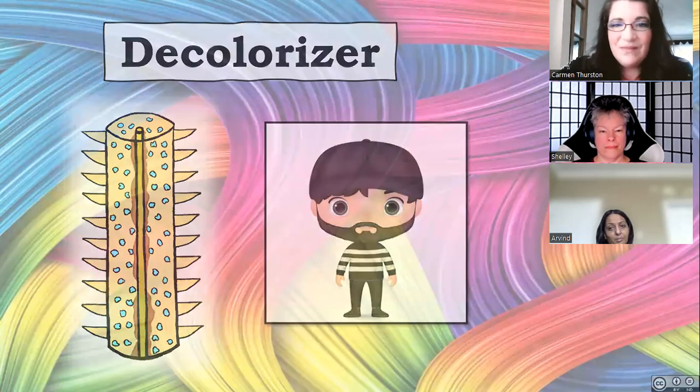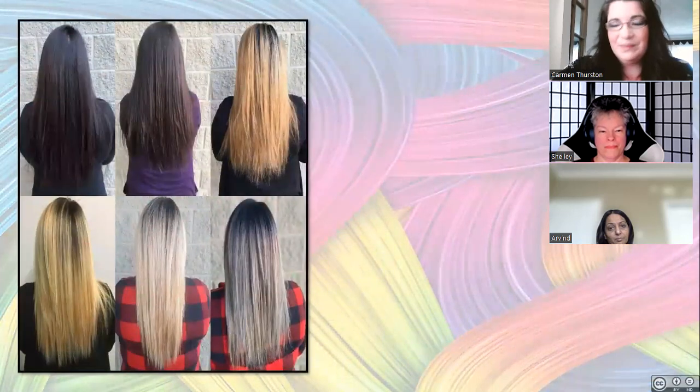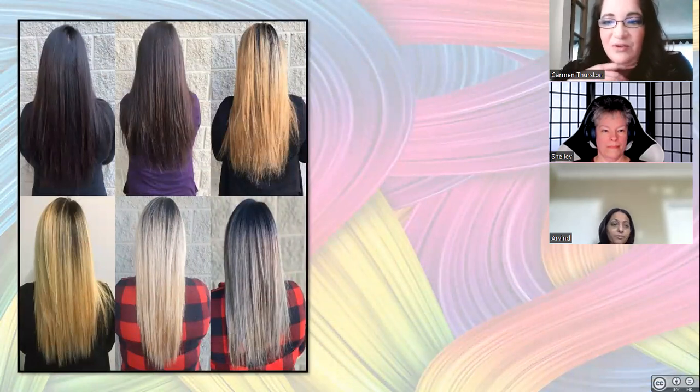Now that you know those color types, this is also images of what decolorizer does. This is actually a picture of a color process that I did myself. I kept track of it because I really wanted to showcase what decolorizer does for artificial pigment and pulling it out of the hair.